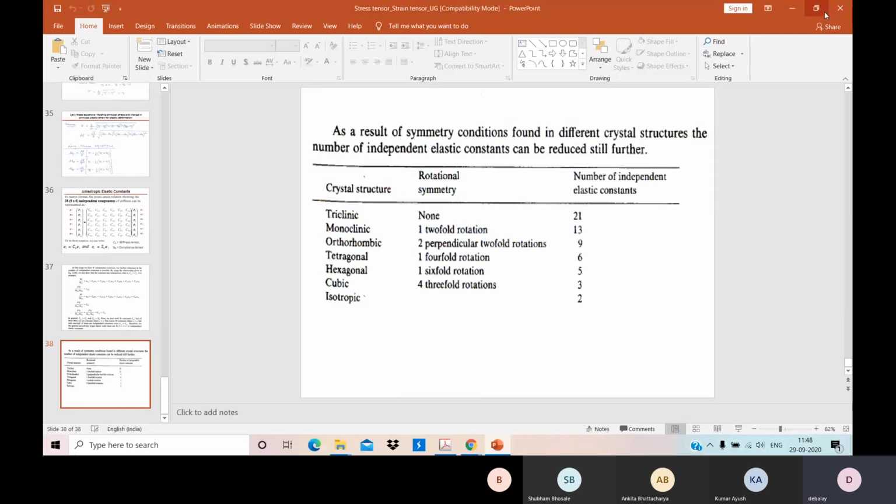So I request you to please go through these 2 lectures. These were quite extensive, more than 1.5 hours, but these are very important aspects to understand. I give you time till Thursday night to go through these 2 lectures, because the derivation that we will start on Friday requires this understanding: stress tensor, strain tensor, and their relationship.